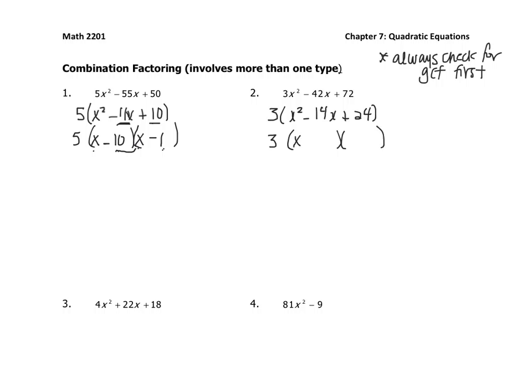You would have x and x to give you the first term of x squared, and the last two terms in your factors would have to multiply to give you 24 and add to give you negative 14, which would be negative 2 and negative 12. So that would be minus 2, minus 12 would be your factors.